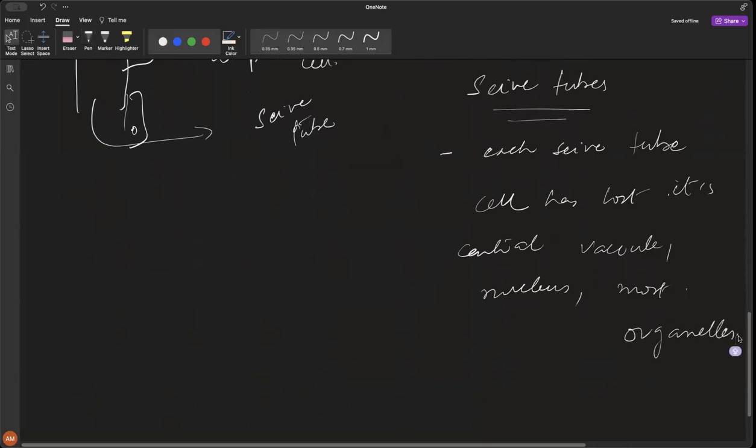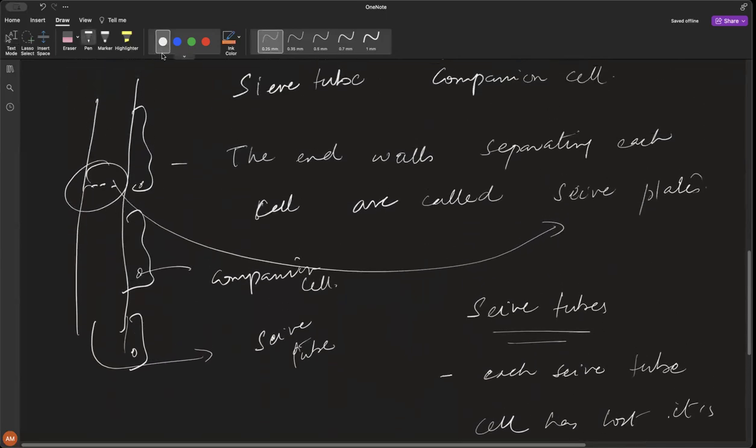This is a tube which is only left with some cytoplasm. It is just filled with cytoplasm, and some mitochondria are there as well.